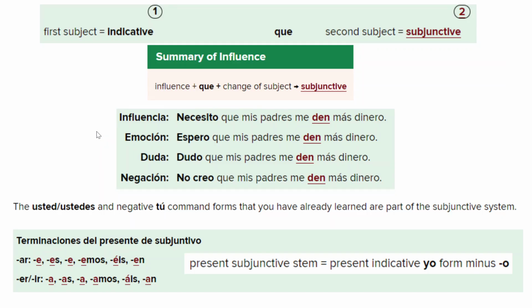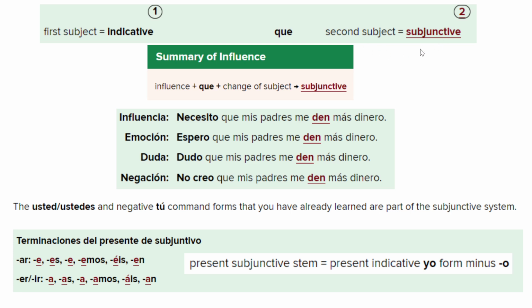Okay, so first your first subject will be in the indicative, whether that's present tense or past tense. We're going to stick with present right now. We will have a que, and then we'll have a second subject that will be in the subjunctive. First one is normal, second one is a subjunctive change. Okay?